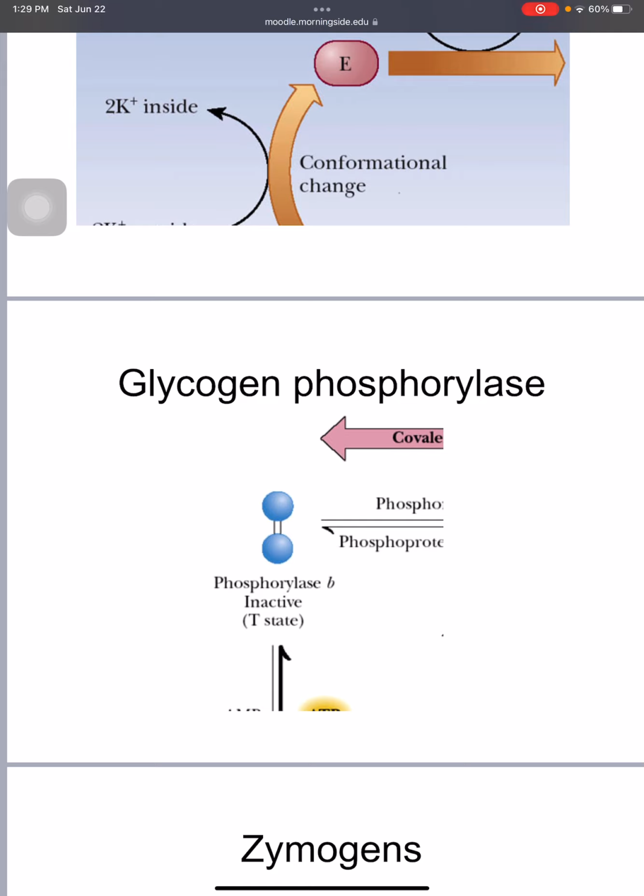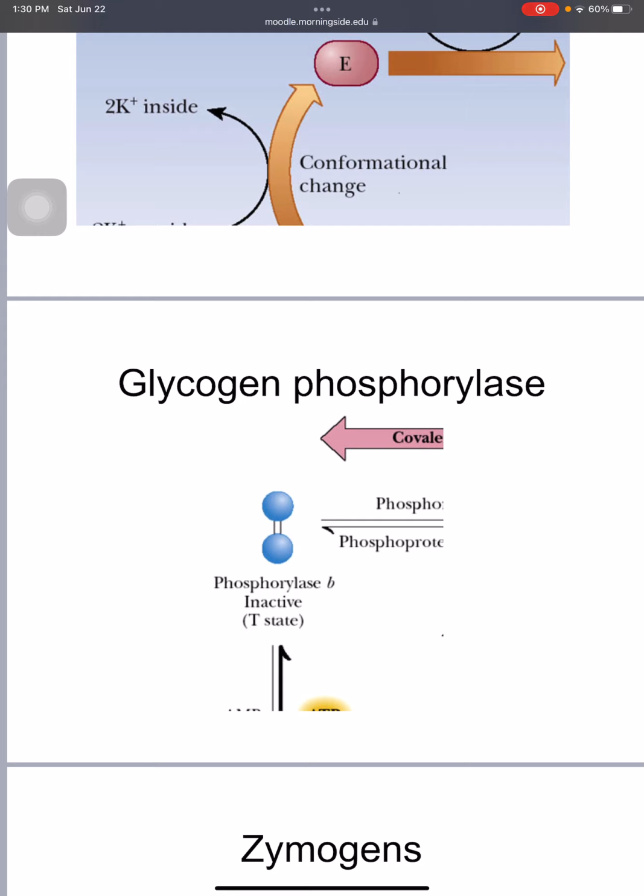So this is complicated. You're probably sitting there with a confused look on your face. You'll probably have to go through, read this multiple times, listen to this multiple times. Basically, glycogen phosphorylase is a more complex enzyme because it has multiple levels of control. Phosphorylase B, phosphorylase A, the difference between those is a phosphate group.